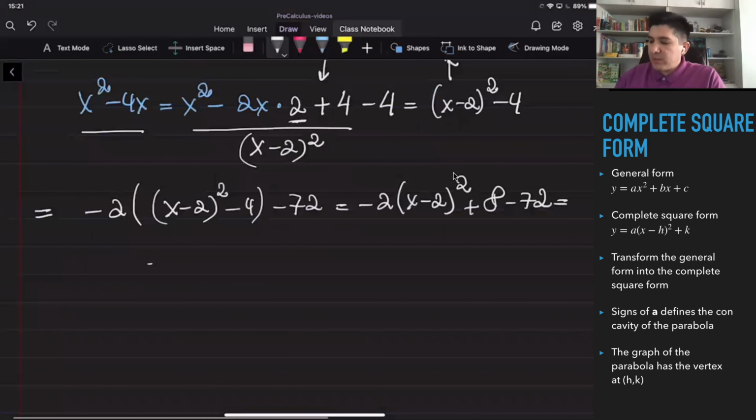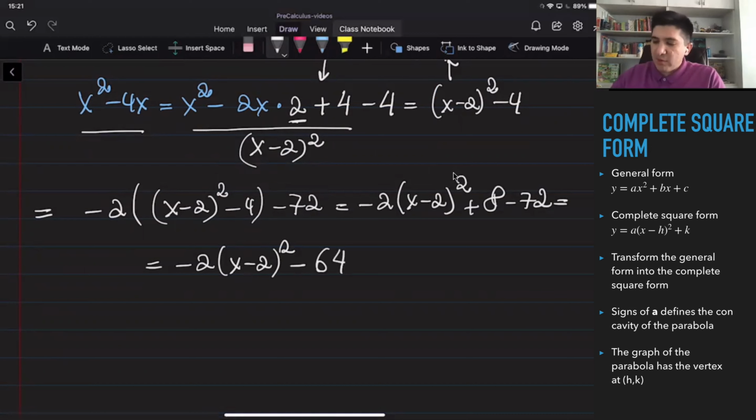If you simplify the terms out, it's going to be minus 2 times x minus 2 in the square minus 64. Okay, so if you would write down the values of the parameters, a is equal to minus 2, h is equal to 2, and k is equal to minus 64.